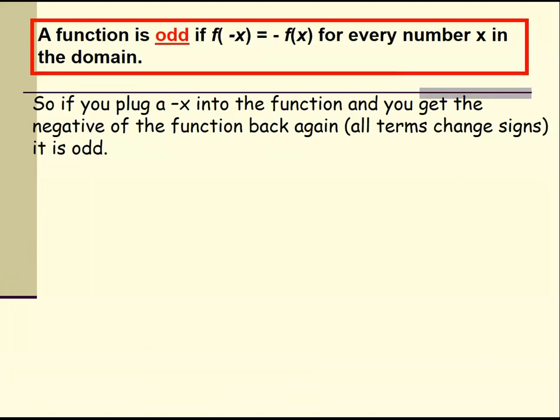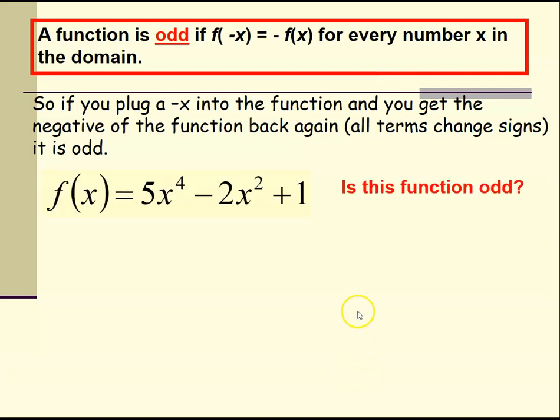The function is odd if f of negative x is equal to negative f of x for every number x in the domain. So if you plug negative x into the function and you get the negative of the function back again, all terms change sign, it is an odd function.